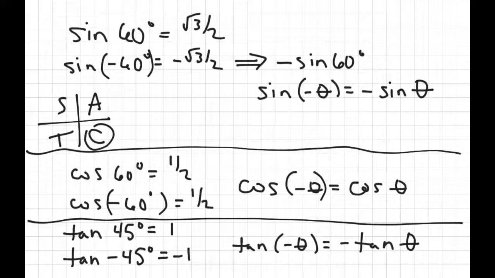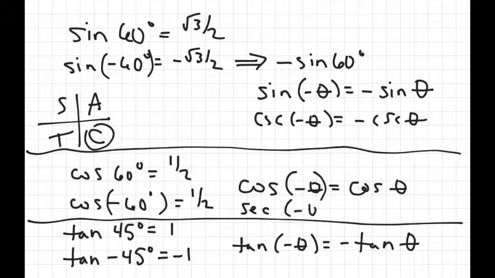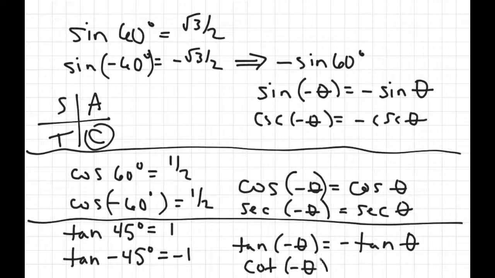Now, because of the reciprocal functions, what's true about sine must also be true about cosecant. What's true about cosine must be true about secant. And what's true about tangent must be true about cotangent.